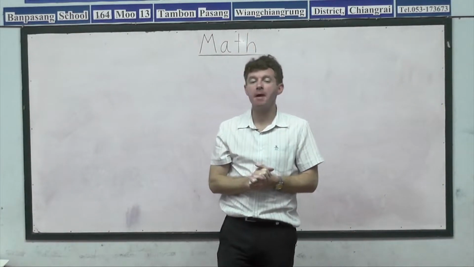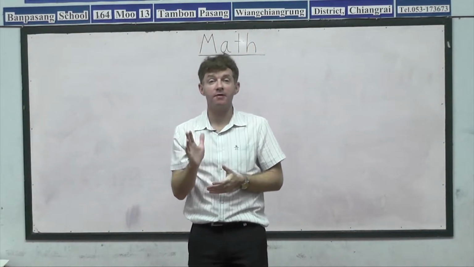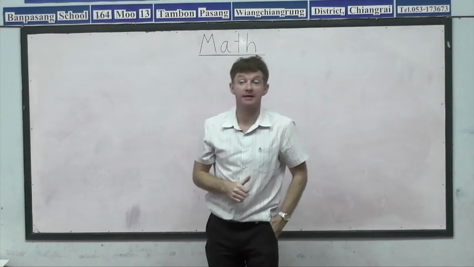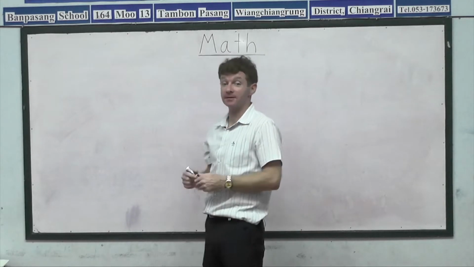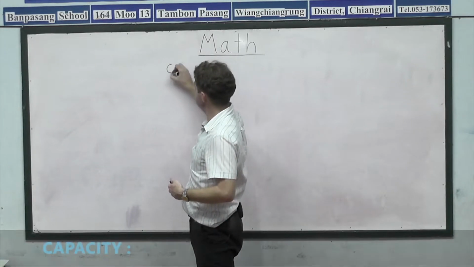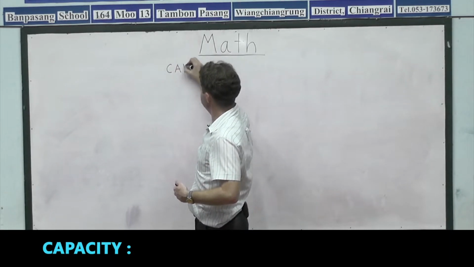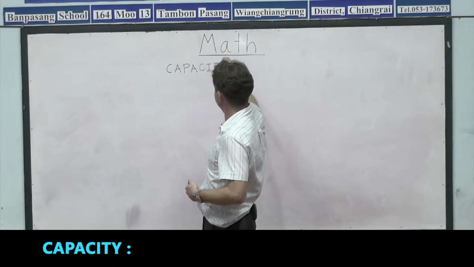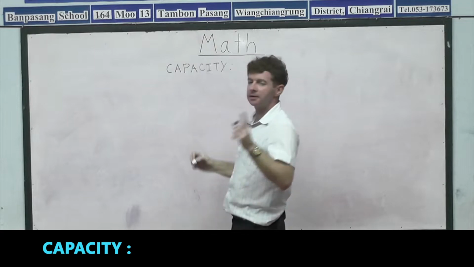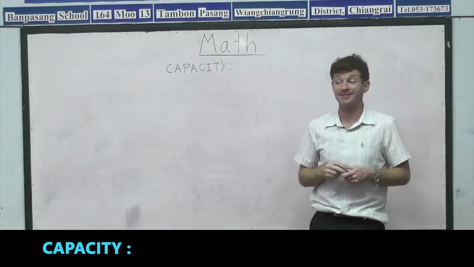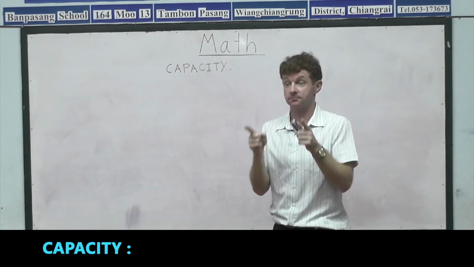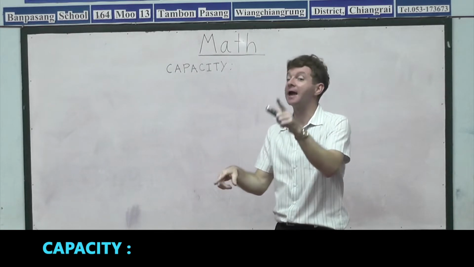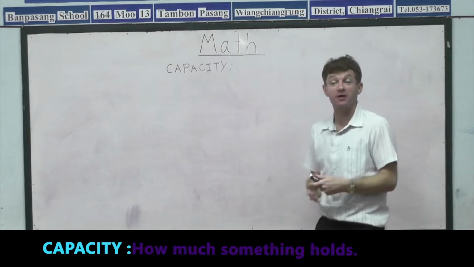So who can remember what we learnt about in the previous math lesson? Capacity, excellent. And how do we spell capacity? C-A-P-A-C-I-T-Y. Now who can tell me, what does capacity mean? Not how much of something, how much something holds.